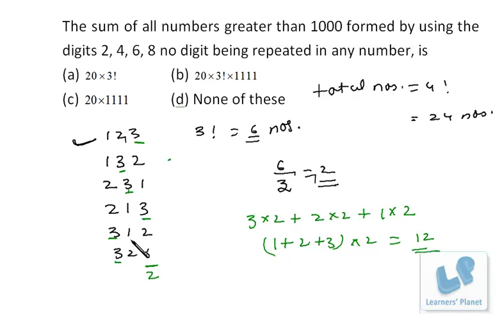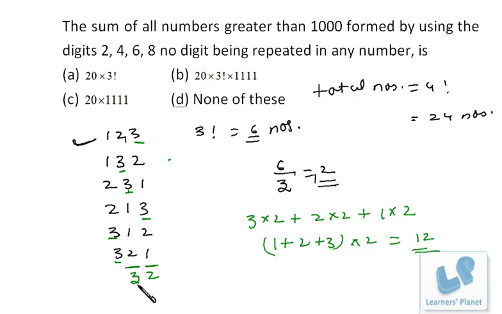Similarly, the sum of the tens digits will also be 12, because each and every digit will come 2 times, right? And 1 I had carried from the units place, so the sum will be 12 plus 1, 13.